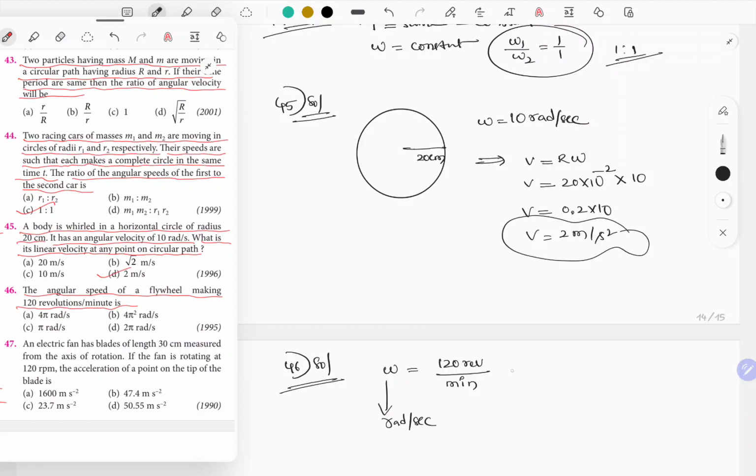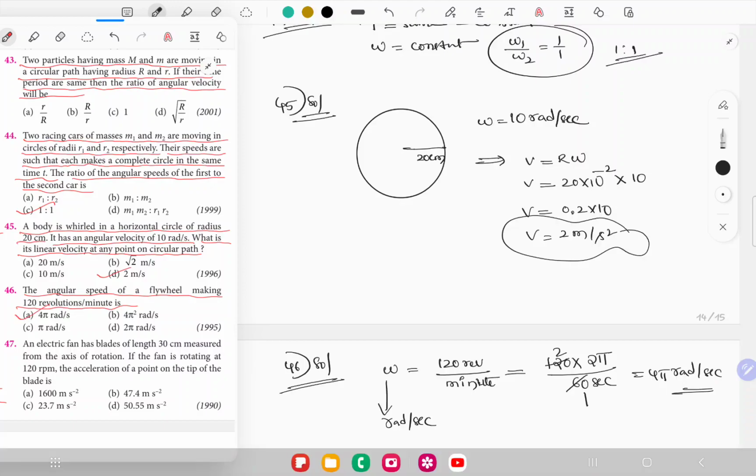We have to convert them. 1 revolution is equal to how many radians? I did explain that. It is 120 into 1 revolution is equal to 2 pi radians, divided by 1 minute is equal to how many seconds? It is going to be 60 seconds. So final answer 4 pi radian per second. That is the answer. Option A matches correctly.